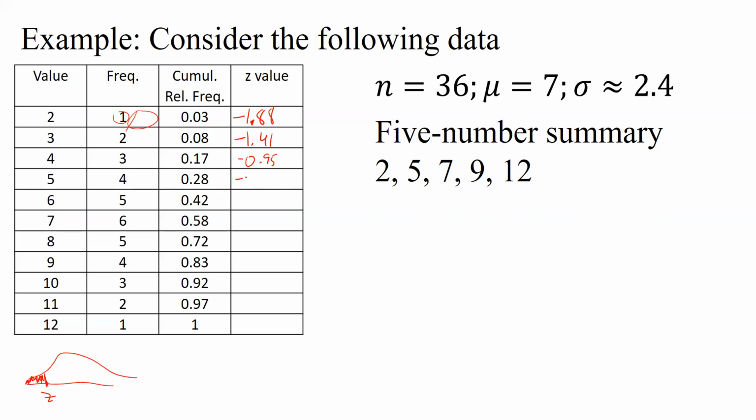And again, the cumulative relative frequency, you're adding up every probability on there. So let's see, 6.42, negative 0.20. This is going to be positive 0.20.